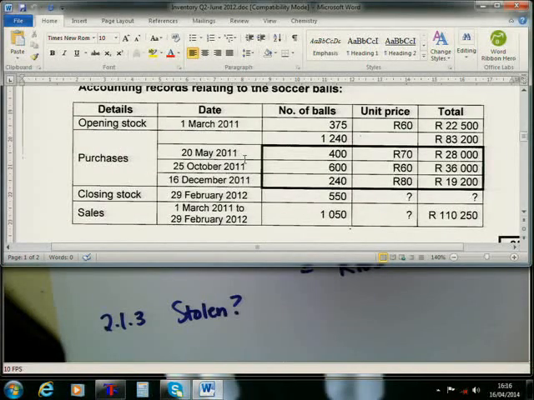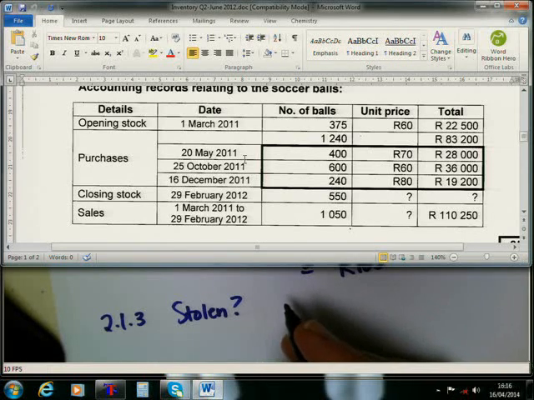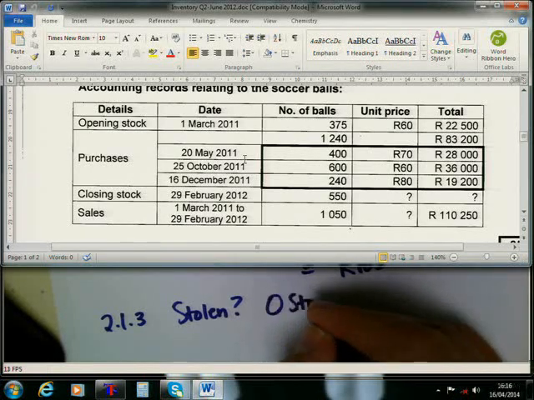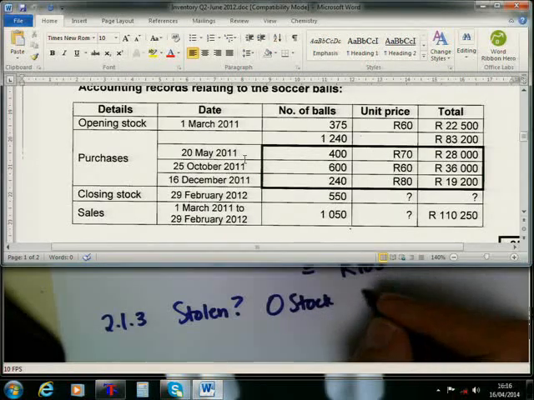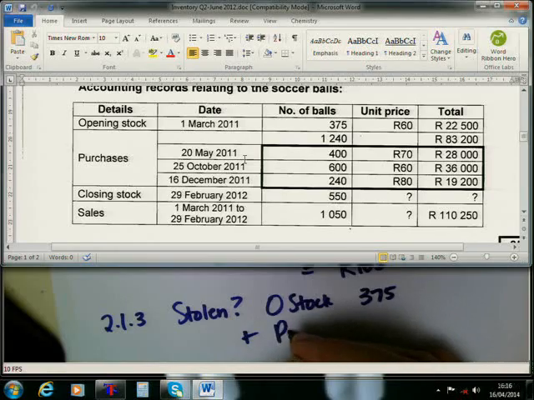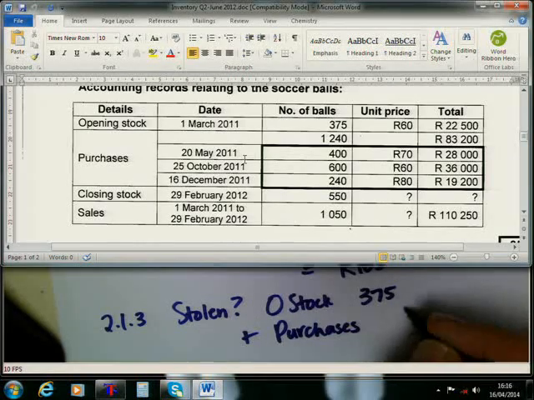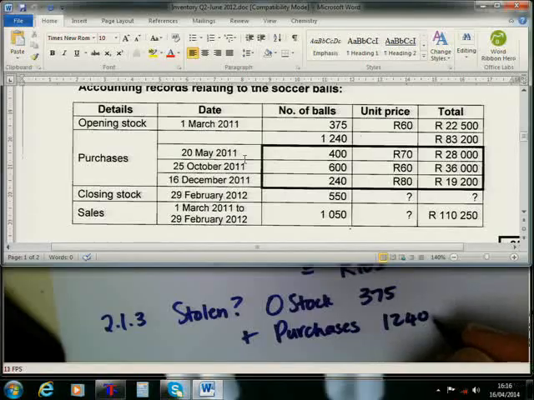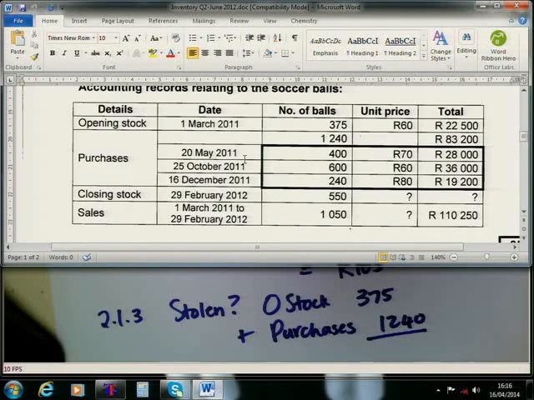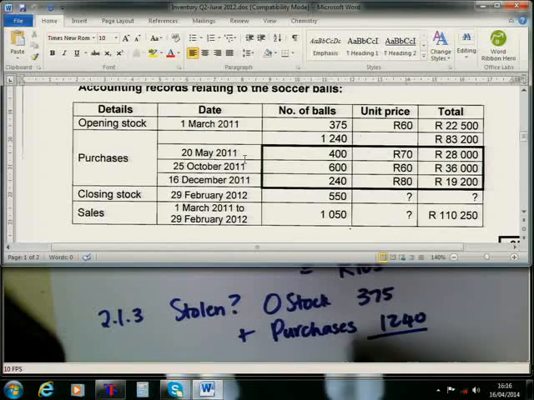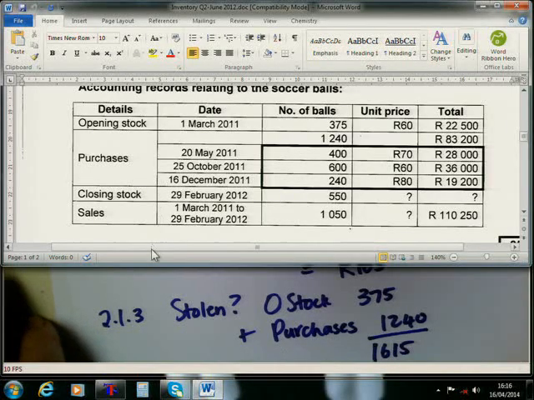The easiest way to do this is to take whatever you've got, add whatever you bought, and then compare it to your closing stock. Opening stock, we only work with the balls, was 375. Plus the purchases, we bought 1240. That gives us 1615.